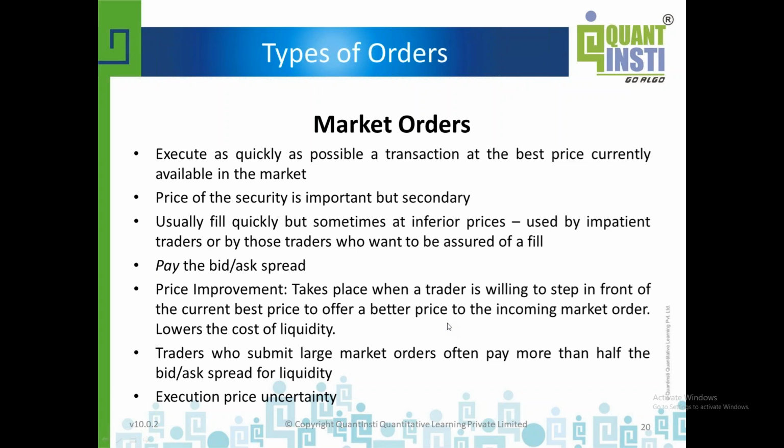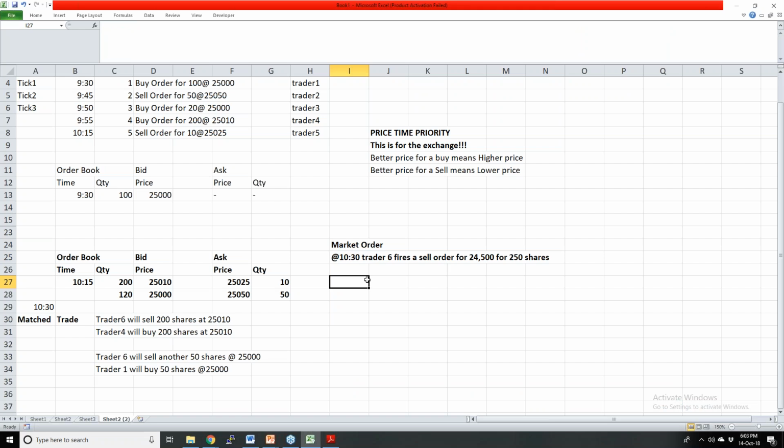Obviously, the execution price is uncertain. It is quite possible that at 10:30, this trader fired a market order for sell, and at 10:30 and 1 microsecond there was another order that came, and probably trader 4, just before trader 6's order could hit the exchange, removed his order, right?